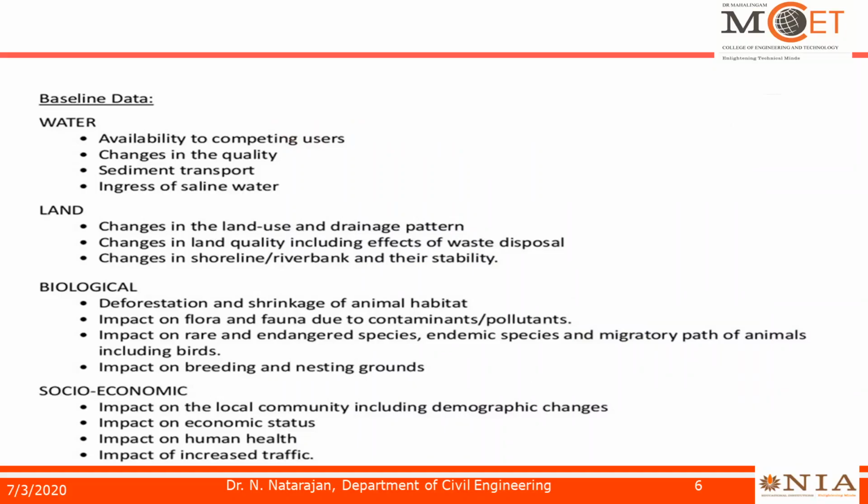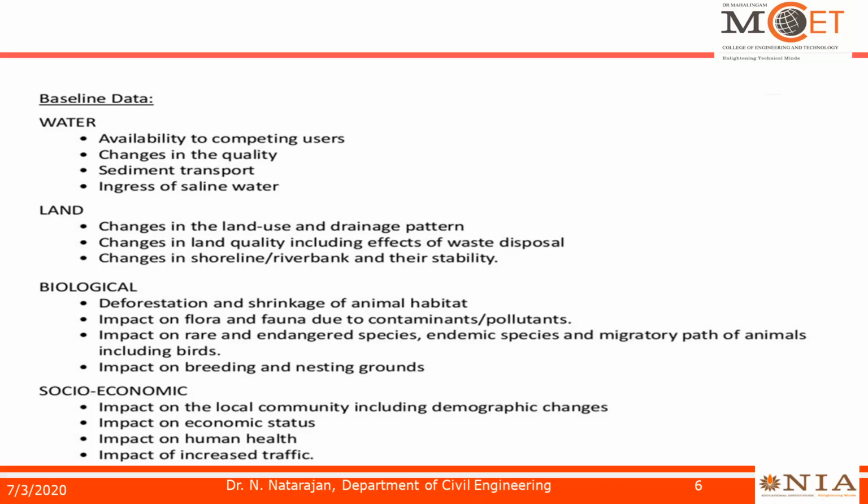So coming to baseline data, again, when it comes to water, we'll have to see the availability of water to users, changes in its quality, sediment transport, the incoming of saline water, that is seawater coming into the drinking water. When it comes to land, see the changes in the land use, drainage pattern, changes in the land quality, including the effect of waste disposal, changes in the river bank, shore that is getting affected, and their stability.